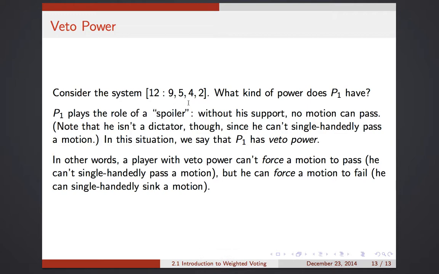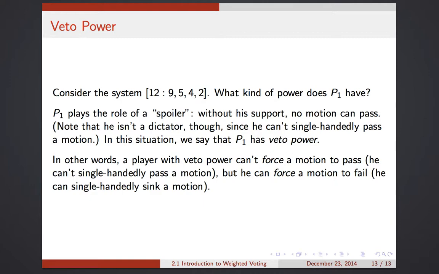But notice this. 5 plus 4 plus 2 is 11. And 11 is smaller than 12. So these three players actually don't have the power to pass a motion on their own. Okay? So what does that mean? That means that player 1's support is needed for any motion to pass. Okay? So he cannot pass something on his own, but he can force something to fail on his own if he wants to.